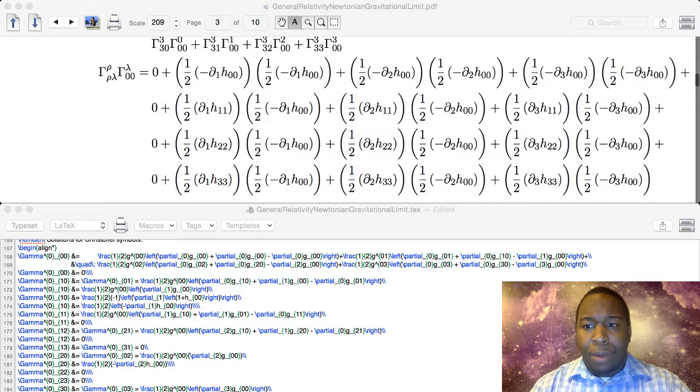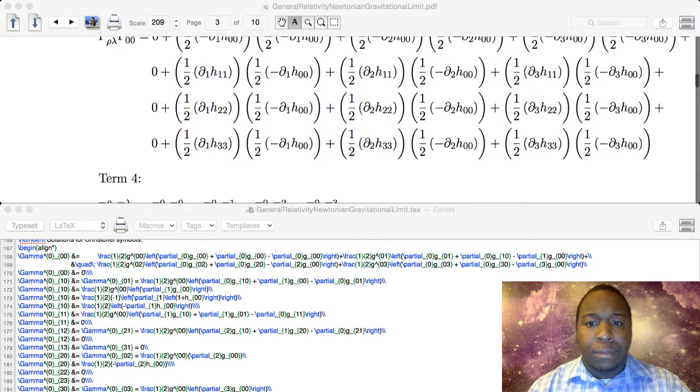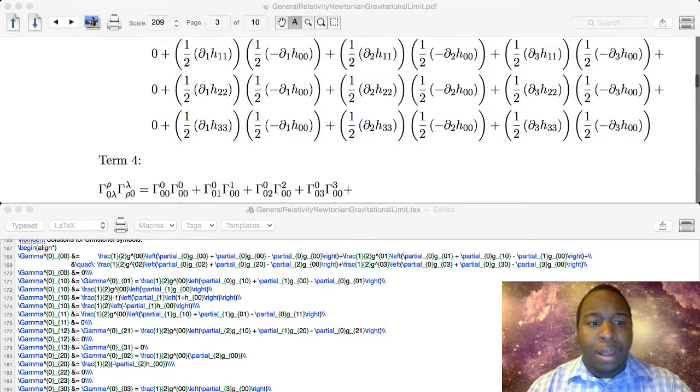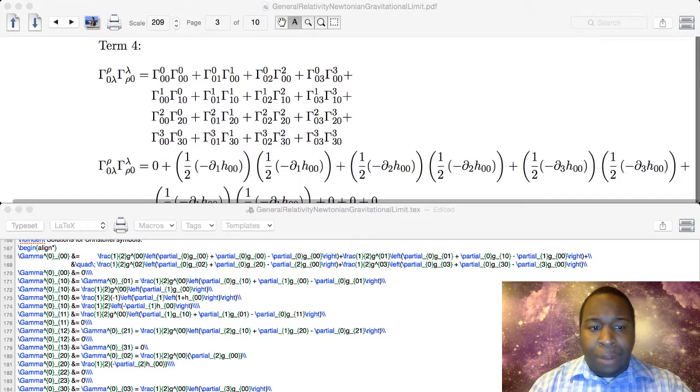I threw these in here, and I want to make sure I've got the math correct. Okay, I think everything's good here. And again, you do this exact same thing with term 4. You can expand it and then start plugging in terms and seeing what you get.